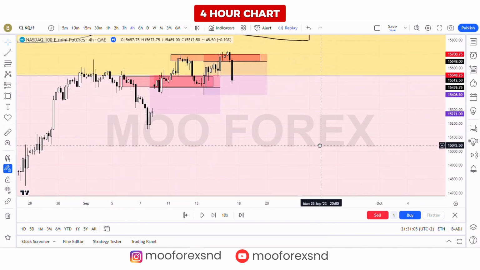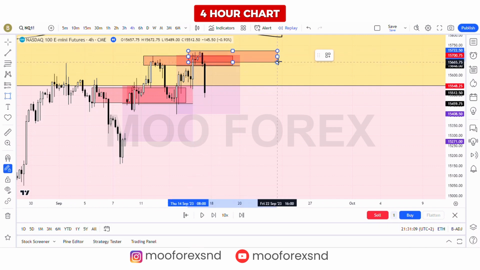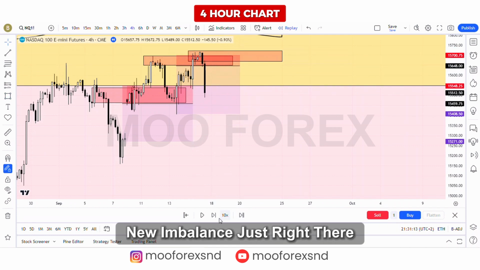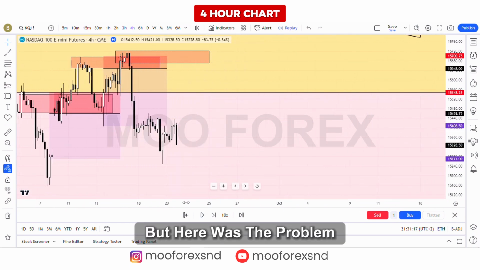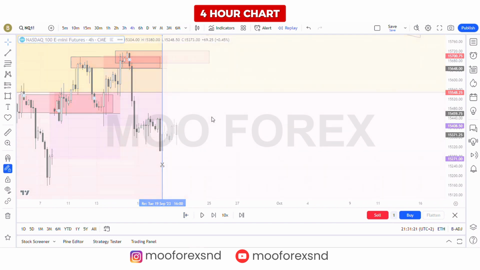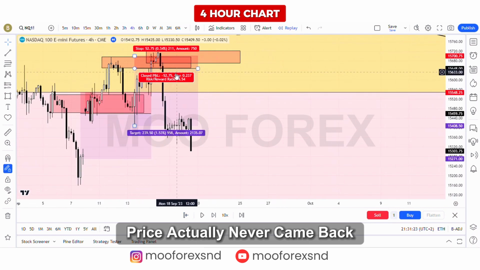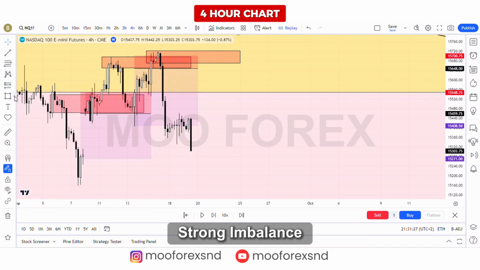Okay, and now we had another area right here, a new imbalance just right there. But here was the problem. Price actually never came back after this new, strong imbalance.